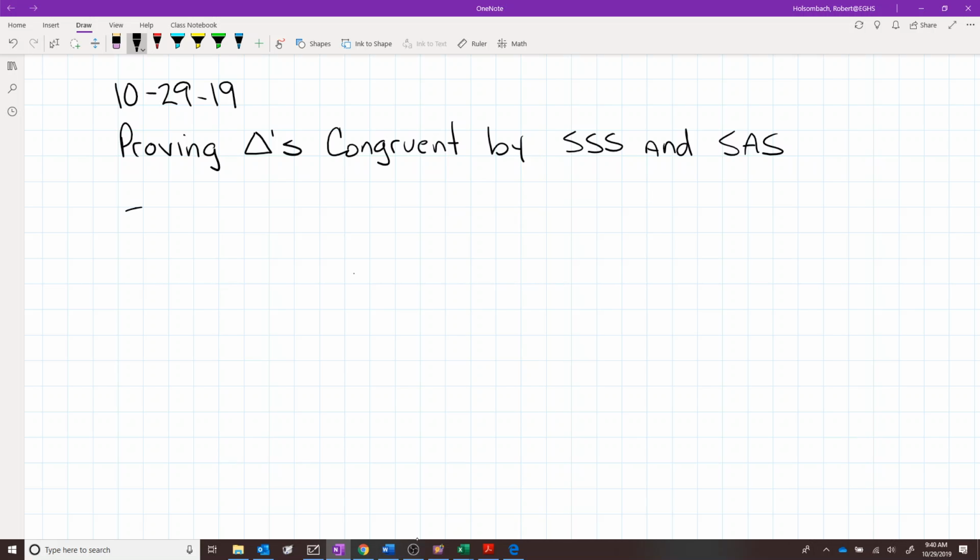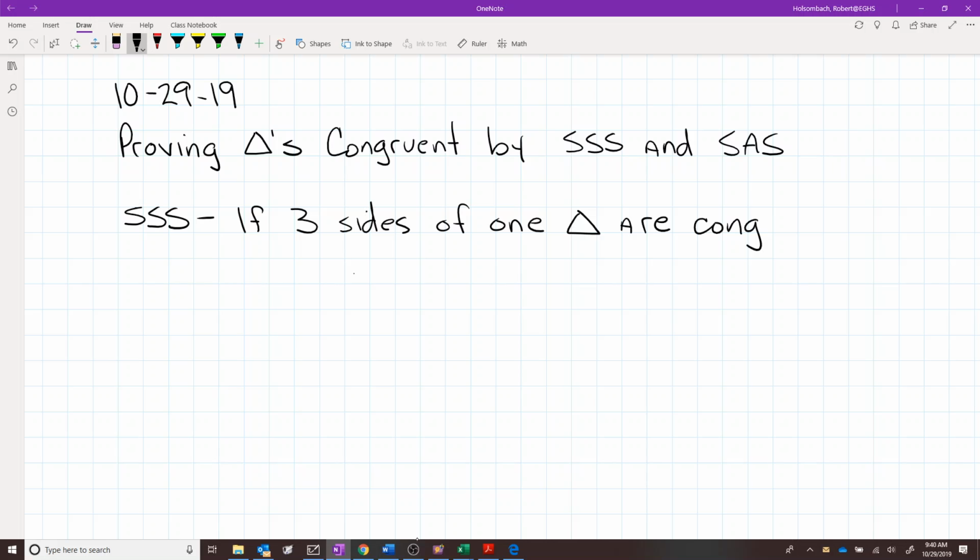And the side, side, side postulate says that if three sides of one triangle are congruent to three sides of another triangle, then the triangles are congruent.